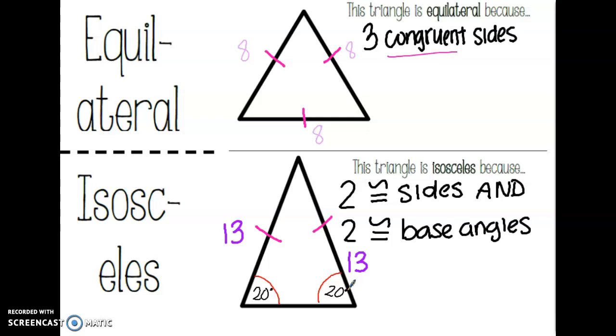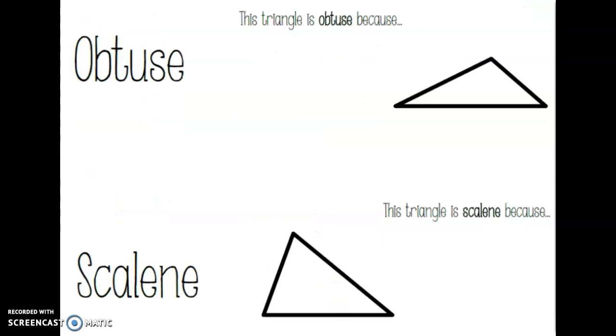We are going to be jumping over to the left-hand side again with obtuse. This triangle is obtuse because it has one obtuse angle.